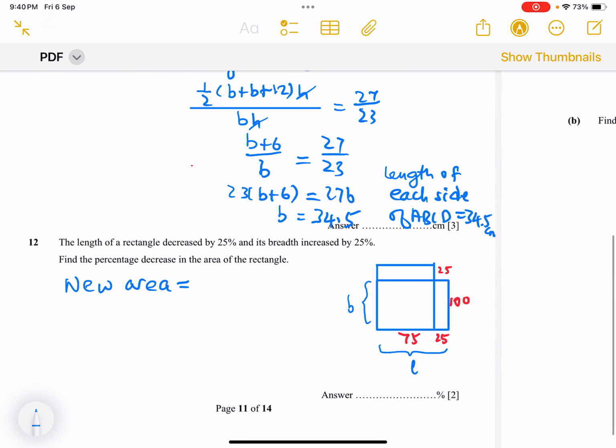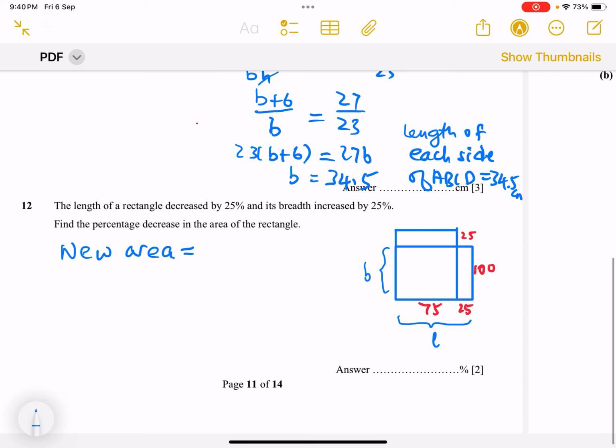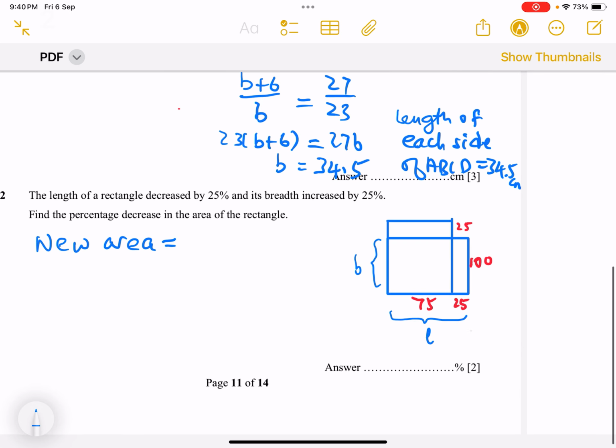Right, in the next sum, we have a rectangle, right? We call the width or the breadth b, and the length is L. Then we were given that the length is reduced by 25%, and the breadth is increased by 25%.